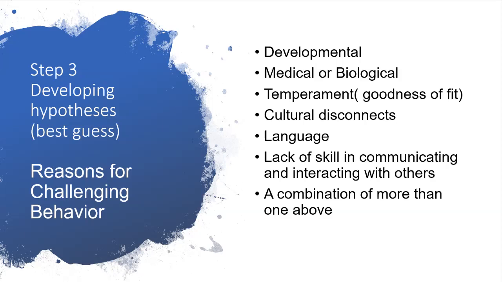Our creativity comes into play when we create a hypothesis or best guess about the meaning of the behavior to the child. We don't always have access to the information about what's going on in a home. However, when we hypothesize about why a child is acting in the way he or she is, in other words, what's the meaning of the behavior, we are using what we know about that child to make a guess about why a child responds or behaves as he or she does.